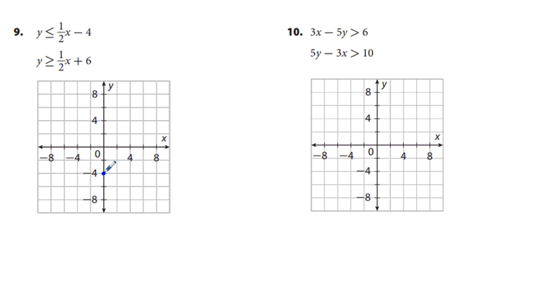So we go up 1 over 2, up 1 over 2, and then the other direction, like this. The boundary line is solid. Crooked looking line, but anyway. And less than, so we're going to arrow down below here.